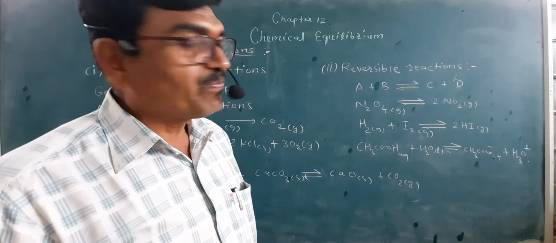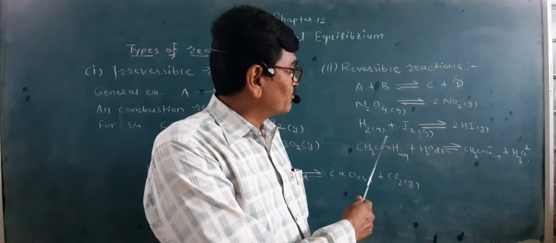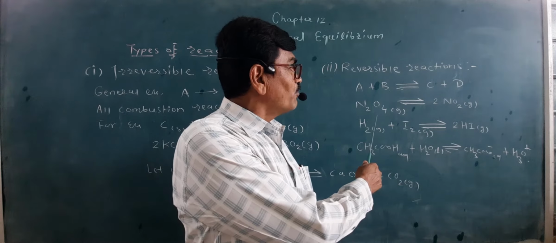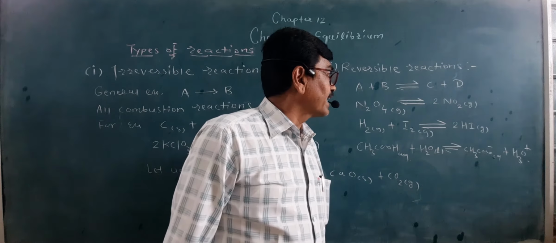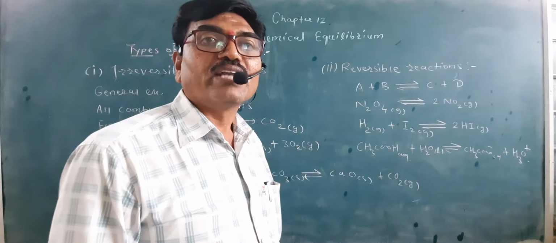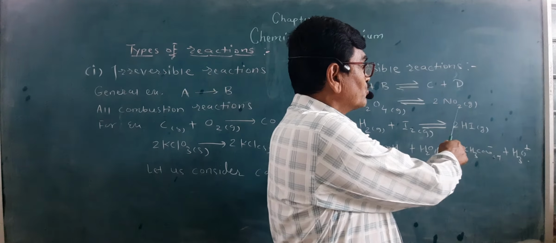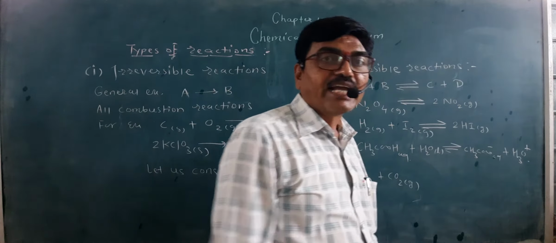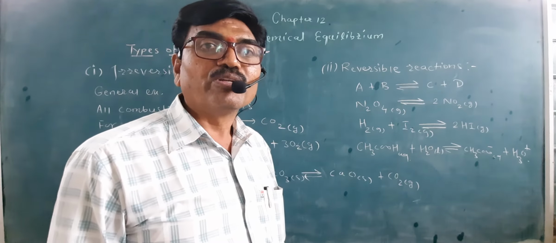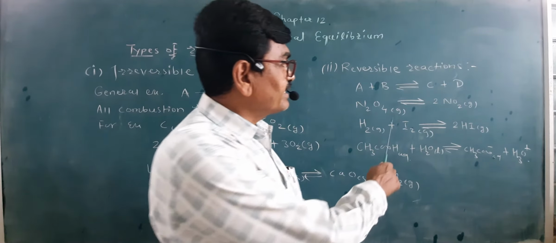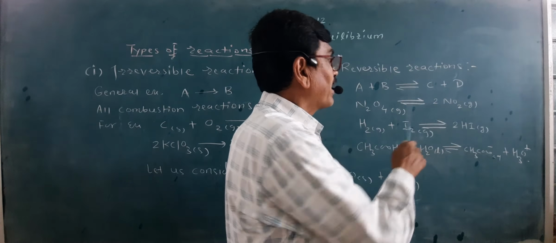Let us see a well-known example of a reversible reaction, that is the decomposition of N2O4 gaseous. One of the oxides of nitrogen, N2O4, can be decomposed and converts into nitrogen dioxide gaseous. So this is an example of a reversible reaction. This reaction takes place in the forward and backward direction.